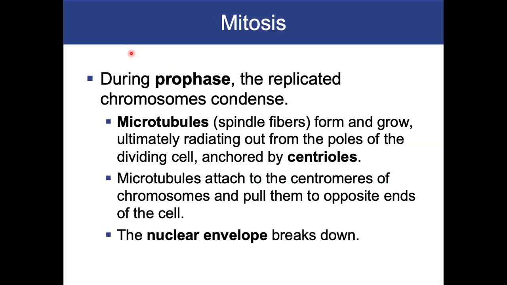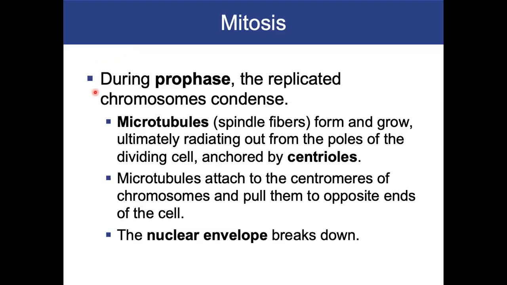When you're studying this, a good tool is to make a chart or make boxes and fill in the boxes. So prophase, draw your picture and describe what's happening there. Metaphase, draw your picture, describe what's happening there, et cetera, and what's the purpose of mitosis and the purpose of meiosis. Okay, so let's talk about prophase.